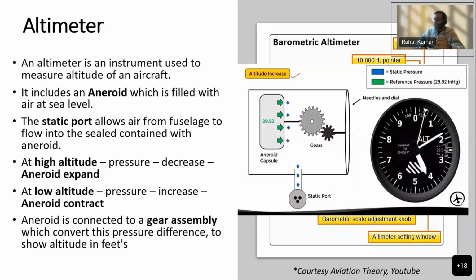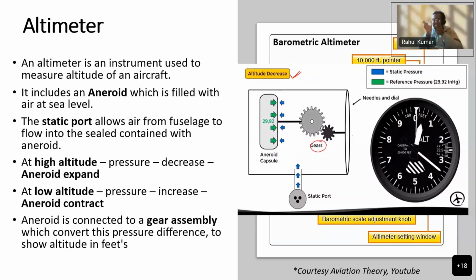As altitude increases, pressure decreases, the aneroid expands and drives the gear, and when the altitude decreases, the atmospheric pressure increases and the aneroid contracts, and again it will change the readings on the altimeter. The static port is always providing the static pressure from the fuselage.